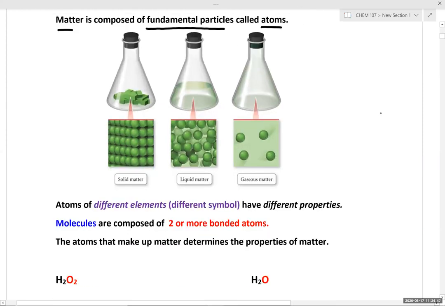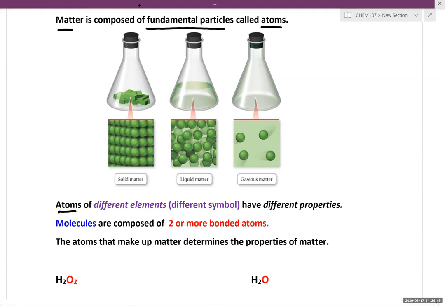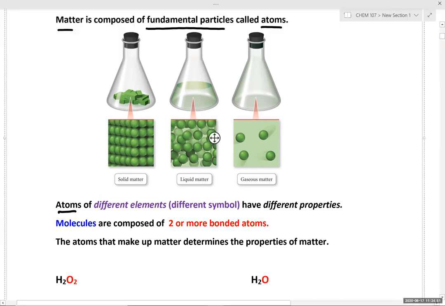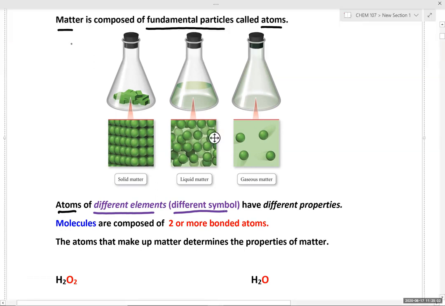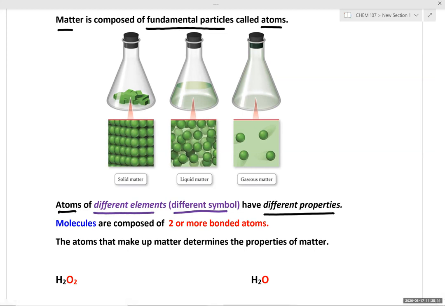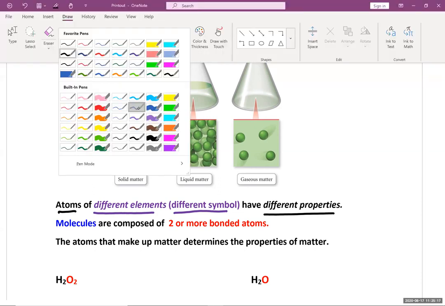Now, atoms can be classified as belonging to different elements, and each element has a unique symbol. The main thing I want you to keep in mind right now is that atoms of different elements have different properties. Now we can take atoms and bond them together to form what are known as molecules.